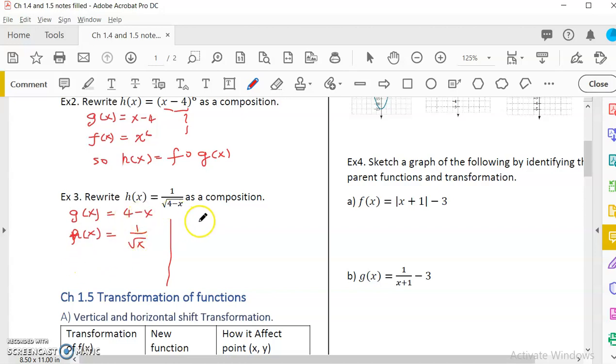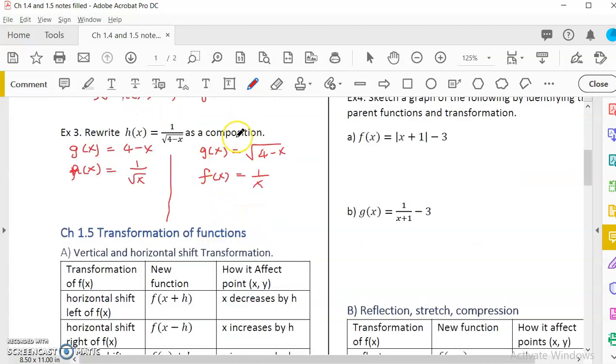So that's one way. The other way is you can see g of x as square root of 4 minus x. Square root the whole thing, and then you give it to the outside function f of x, which is just doing the 1 over it. So both are okay. So that's function decomposition, and that's the end of 1.4.